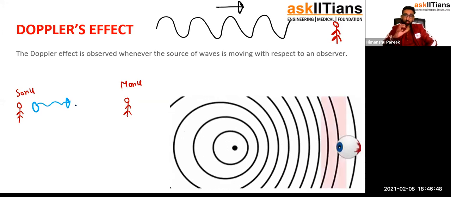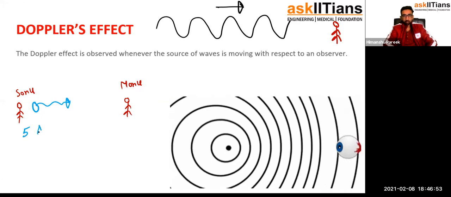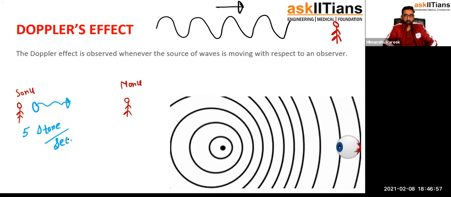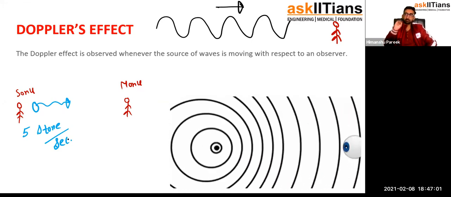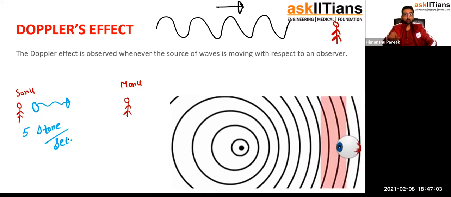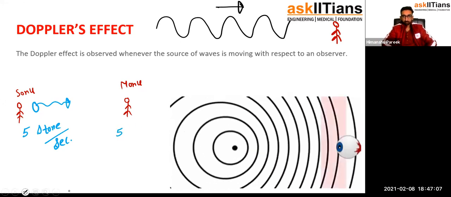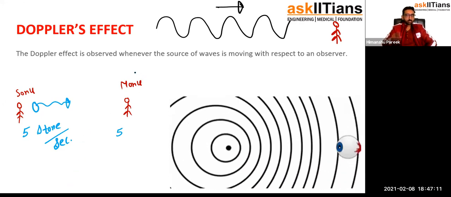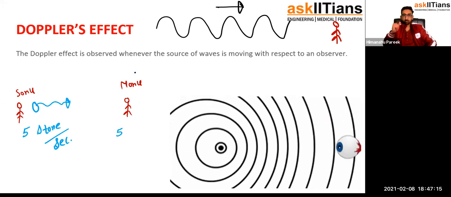Let us say that he is throwing 5 stones per second, which means that in 1 second he'll throw 5 stones. So how many stones will Monu receive in 1 second? 5. Monu is standing at rest, so he will be receiving 5 stones per second.